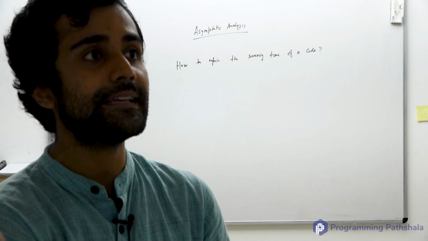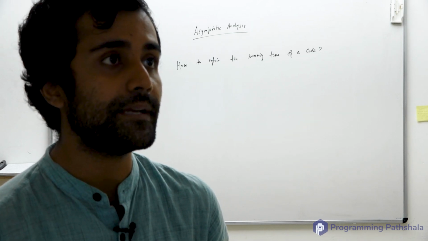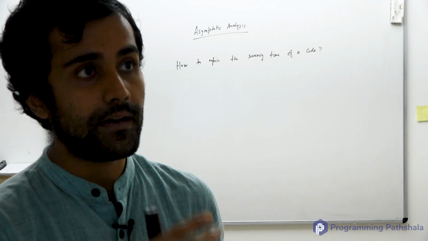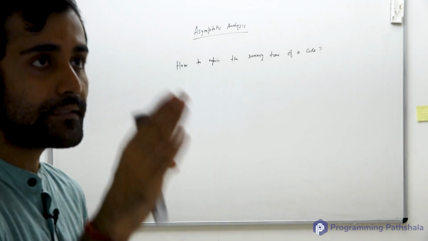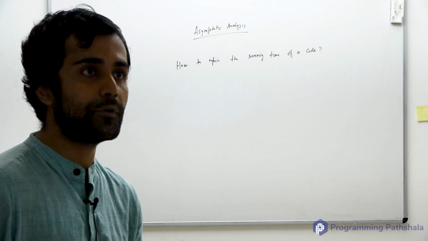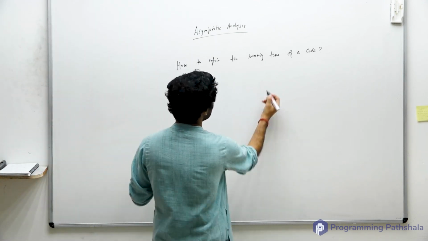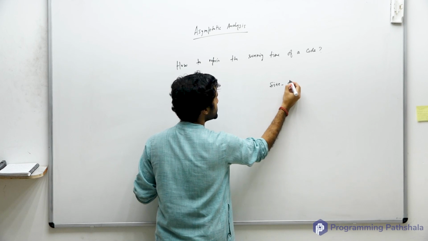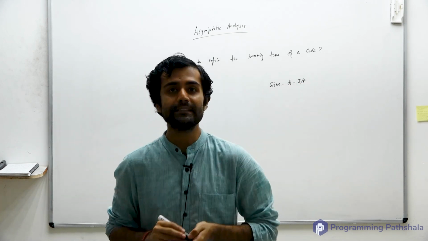So two of you are saying that we should represent it based on input, we should represent it based on operations, as a function of input. Okay, great. I think three of you are talking about input, and I believe by input you mean the size of input, right? If you mean this, that is correct.